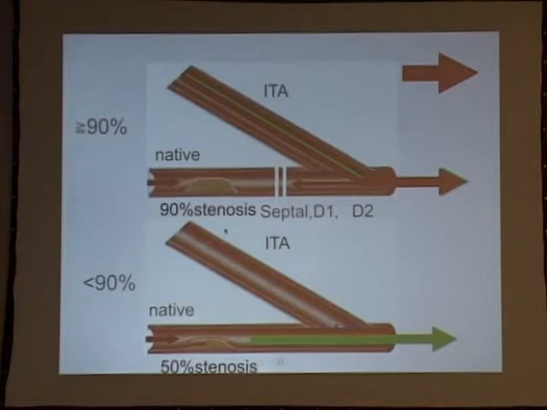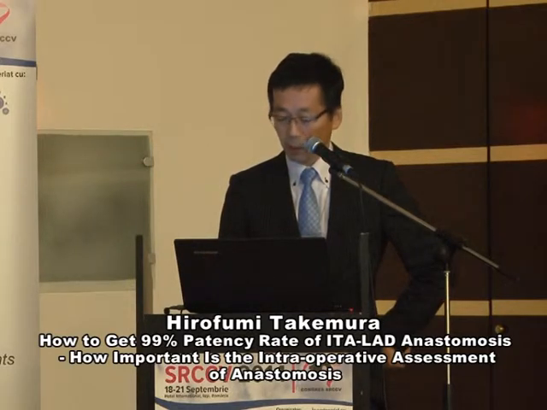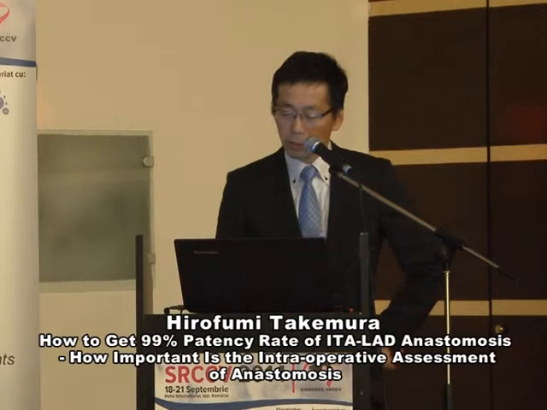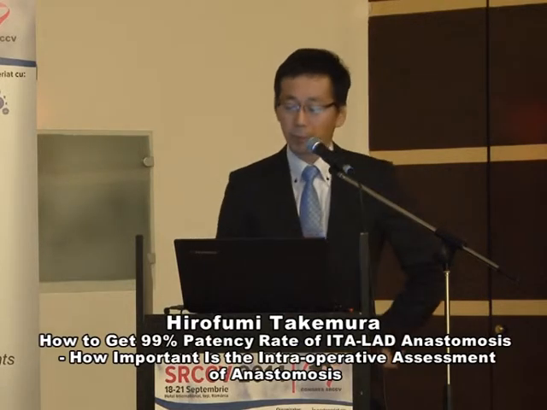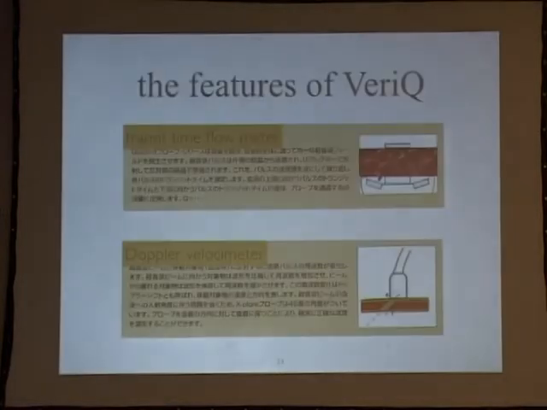If the native narrowing is moderate or mild, the native flow is still good, and the graft flow is small. After occlusion of the native flow, the graft flow should increase. So this is the relationship between the flow pattern, increase or decrease. If the stenosis is moderate, there are many increased patterns, but in severe stenosis, there is no increasing pattern.